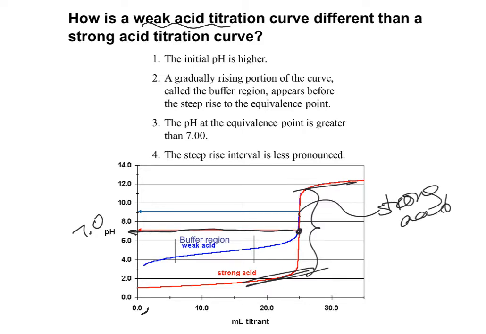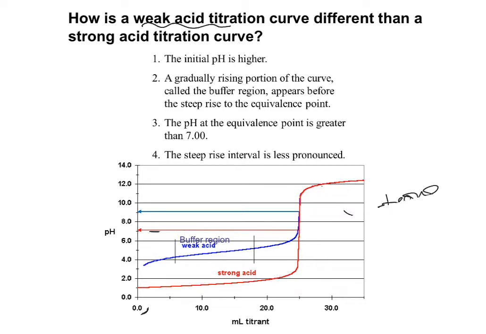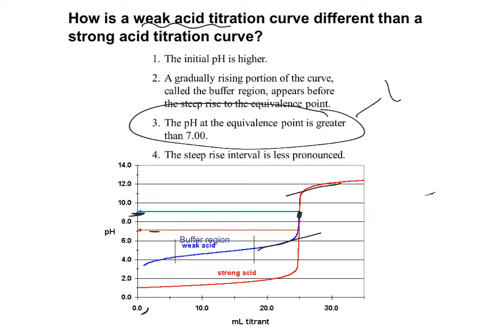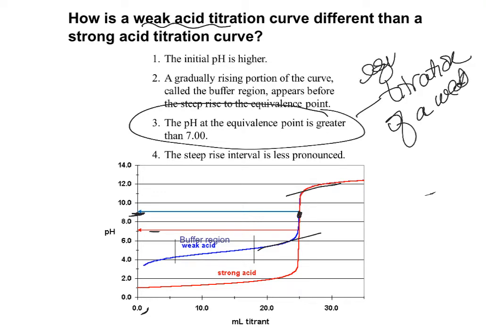Let's do the same for the weak acid. All right, so the blue is the weak acid, and so let's estimate the halfway point there. Titration of a weak acid, this is something worth writing down and remembering: the pH at the equivalence point for titration of a weak acid is always greater than 7.